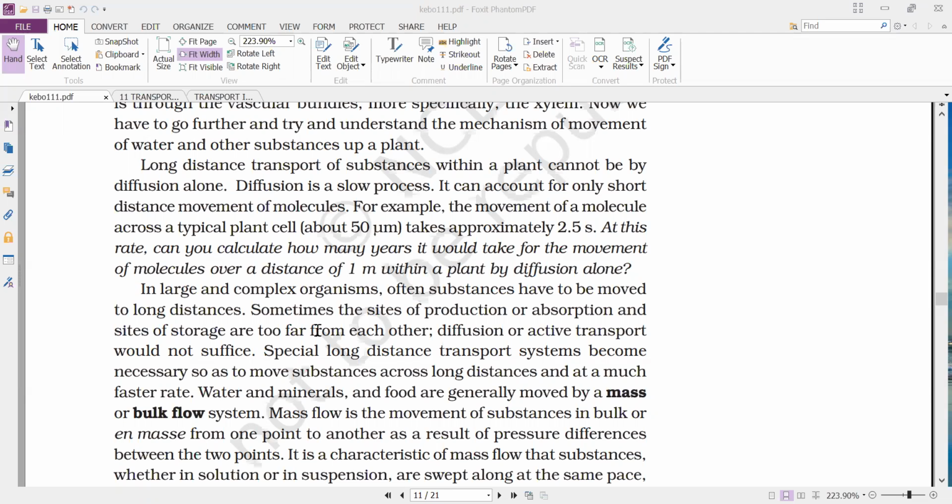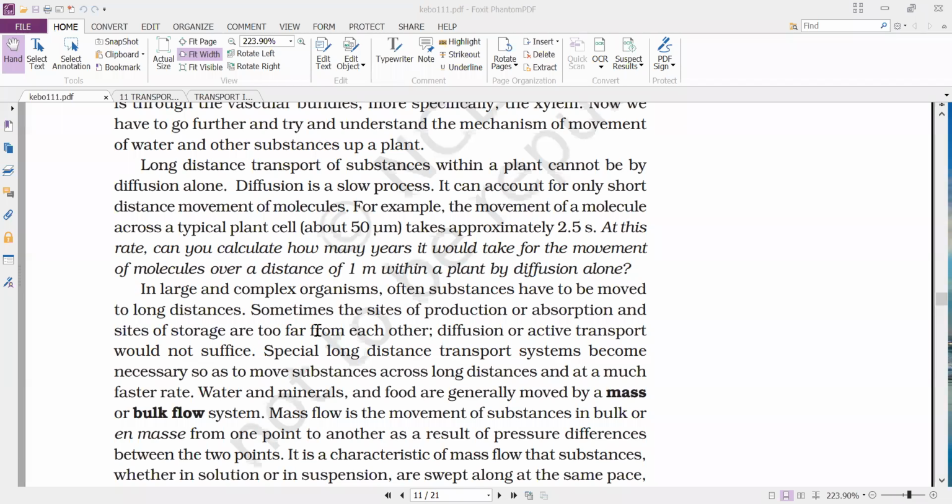Sometimes the sites of production or absorption and the sites of storage are too far from each other. Here not only substances from the roots to the upper parts of the plant body, some substances need to be transported from the upper parts of the plant body to the lower part also, for suppose the food materials.